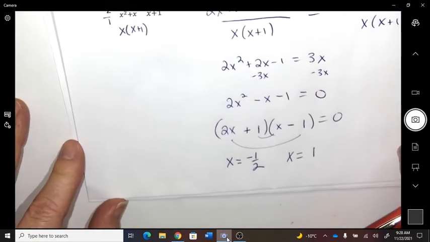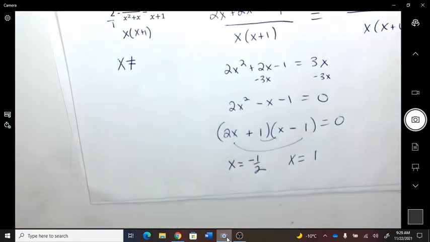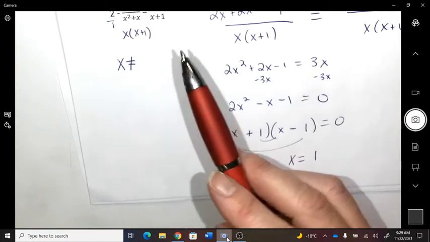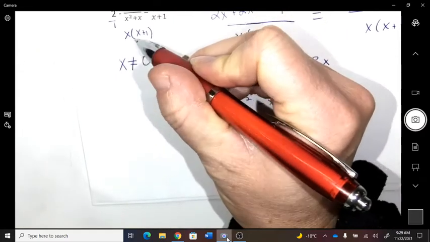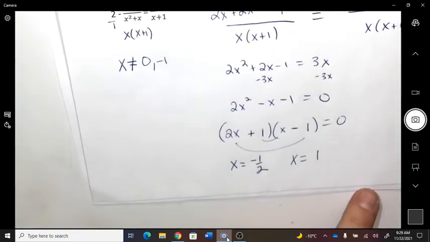I'm going to double check just to make sure I didn't have a solution that was not supposed to be there. Okay, what are we not allowed to have? I'm not allowed to be a 0 or a negative 1. So we're good.